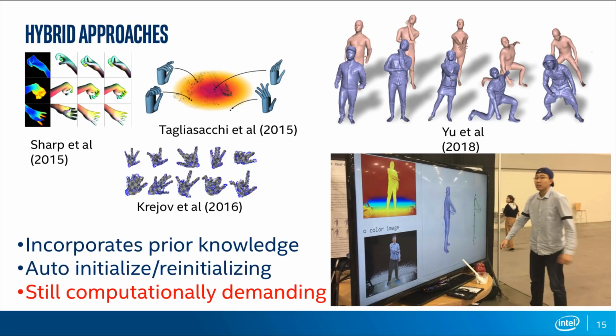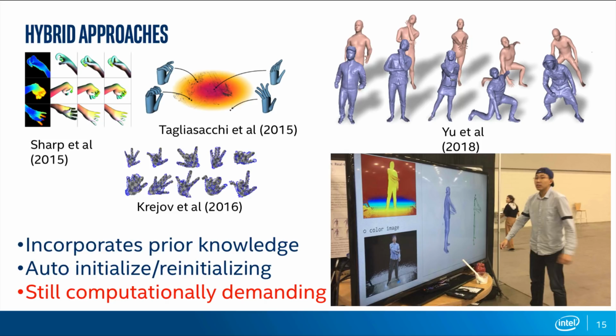And since then, DoubleFusion came through at CVPR by Yu et al. for estimating the pose and surface of a person. But these are both still very computationally demanding techniques.